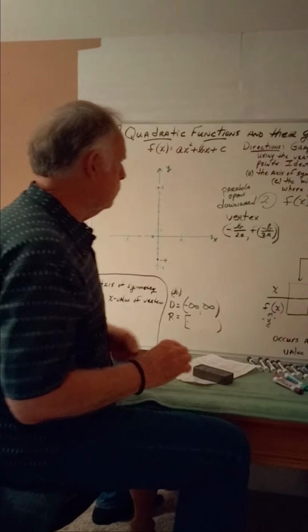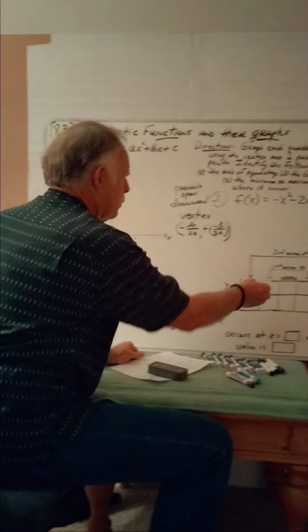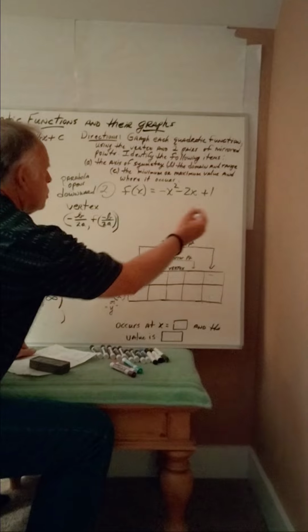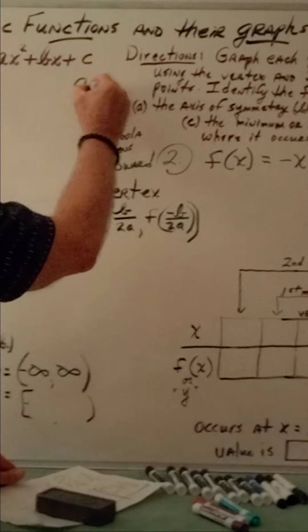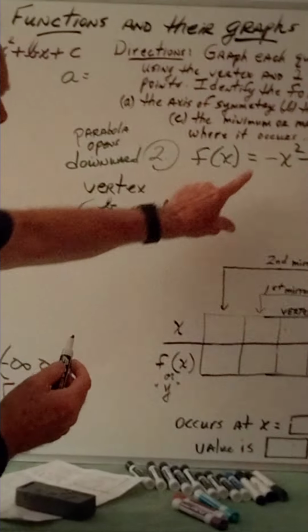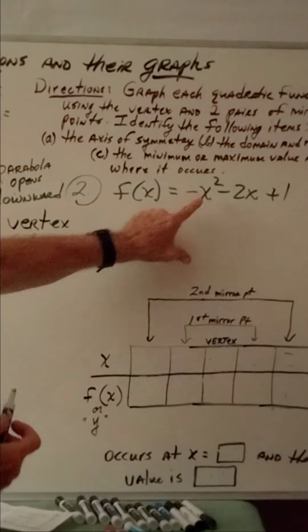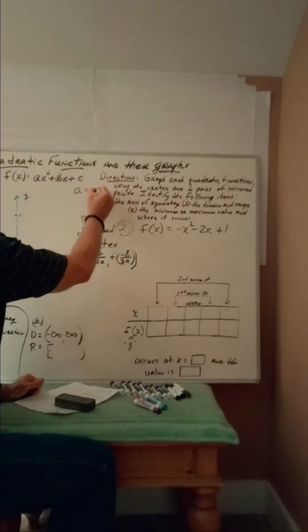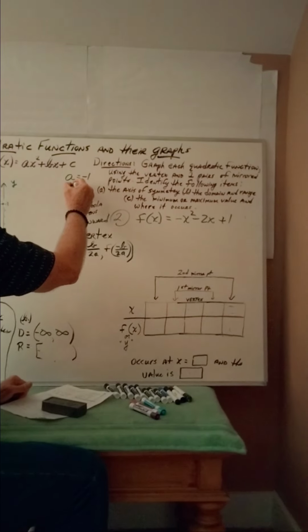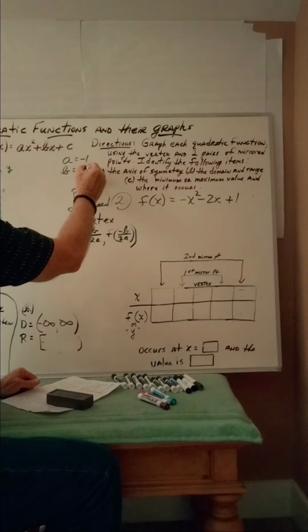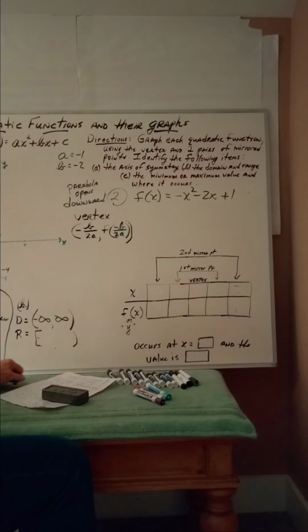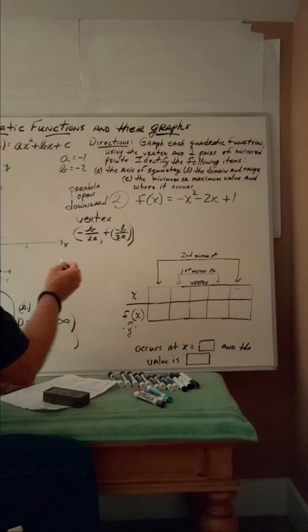Now, the first thing that we need to do is get the x value of the vertex. The value of a is negative 1, and the value of b is negative 2. So now let's find the x value of the vertex.